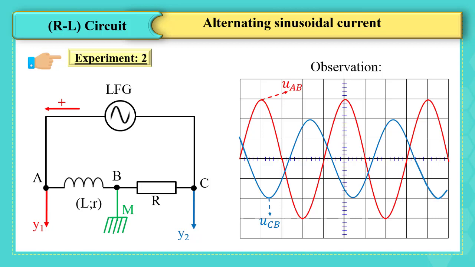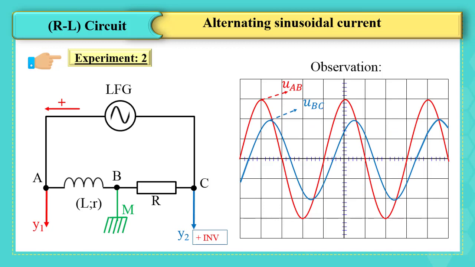And we press the button invert on channel Y2 in order to measure the voltage UBC, not UCB, since the positive direction chosen in the circuit is from B to C.